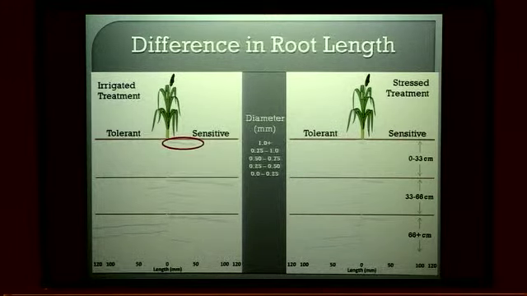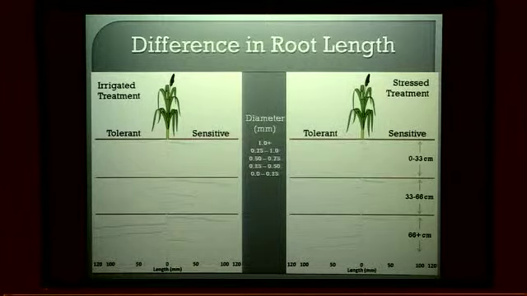So for example, this root, that largest diameter root at the top, produced 50 millimeters more roots in terms of length under the sensitive treatment, or the sensitive varieties, as compared to the tolerant varieties. Hopefully everybody was able to catch that.